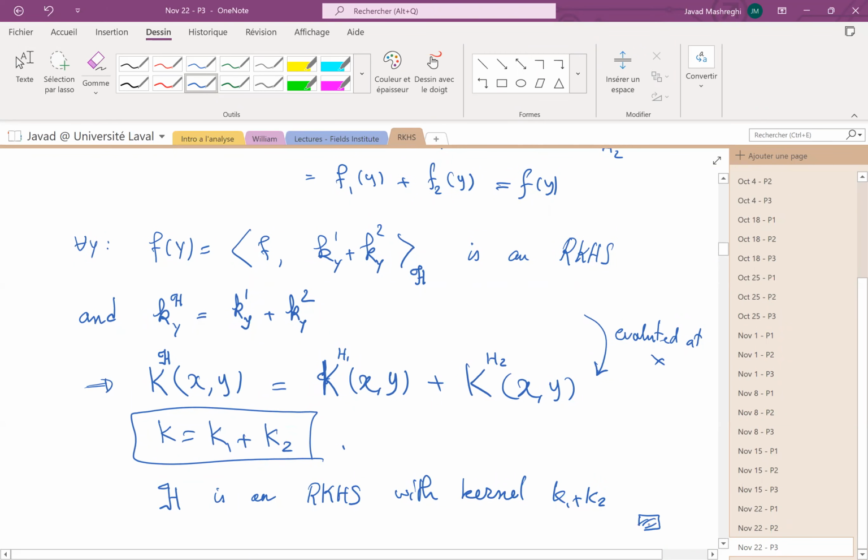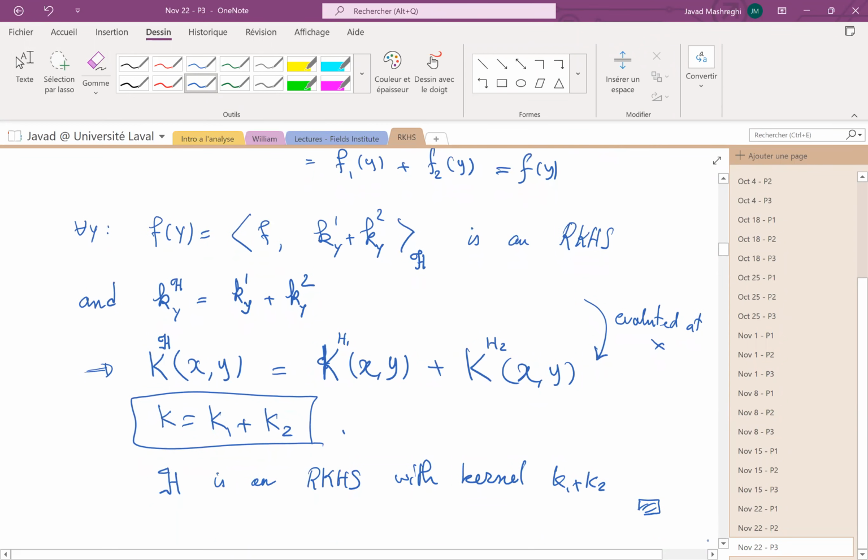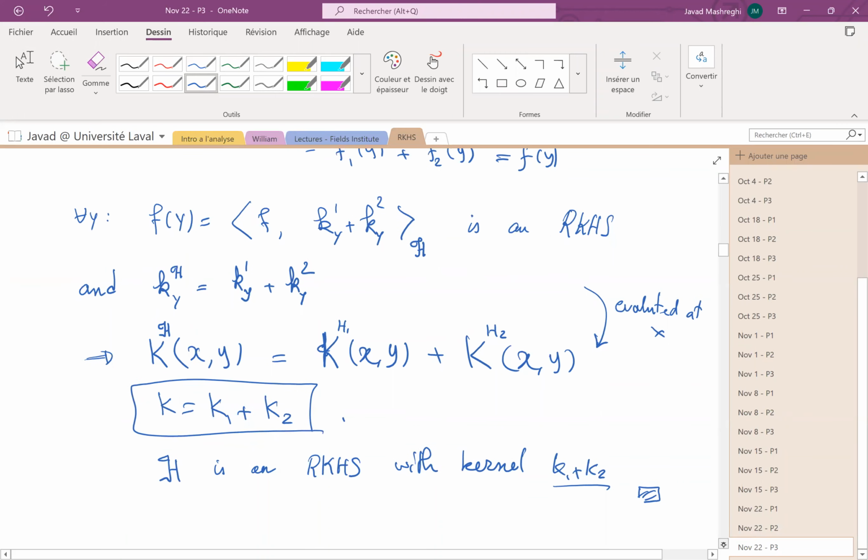Most of this we knew before. The only thing which is rather new here is that the elements of this space are the sum of an element of the first space and the second space. And moreover, now we know how to evaluate the norm of each element.